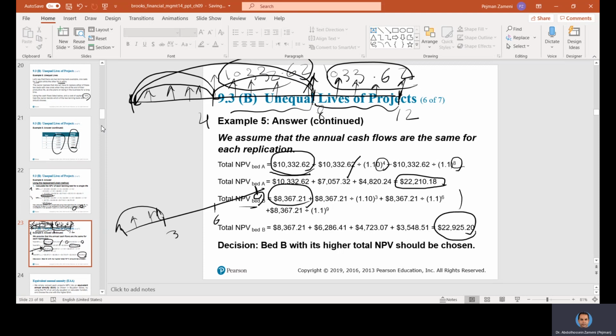We compare the net present value of the first project and the second project and see which one is bigger. It shows that project B, with its higher total net present value, should be chosen.